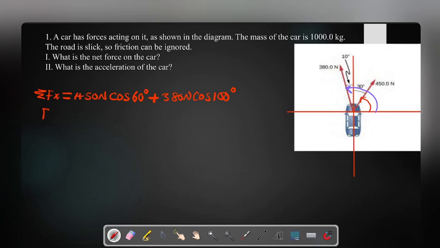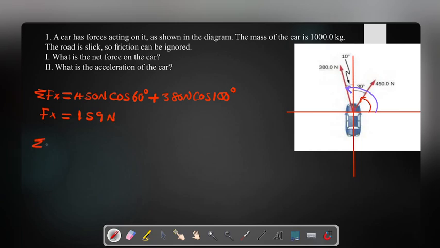So the summation of all the forces in the x, you just punch that on a calculator. This will give me 159 newtons.